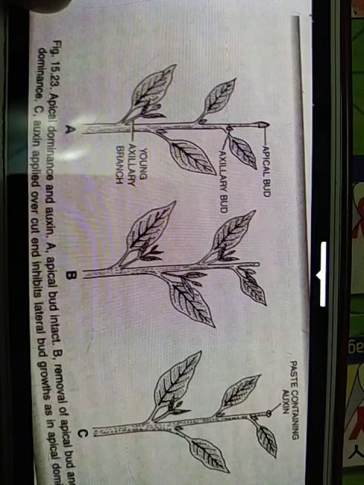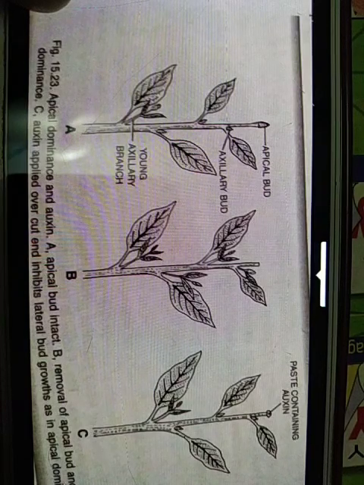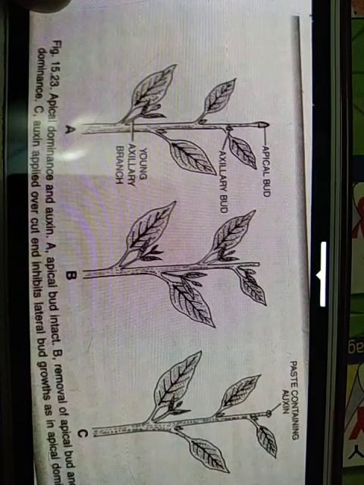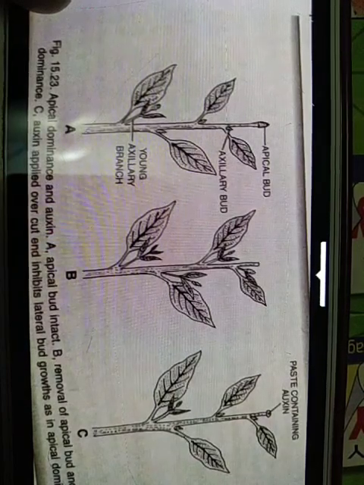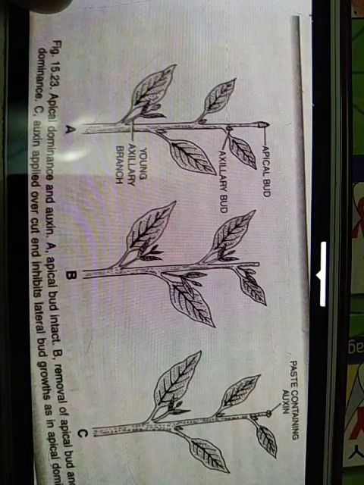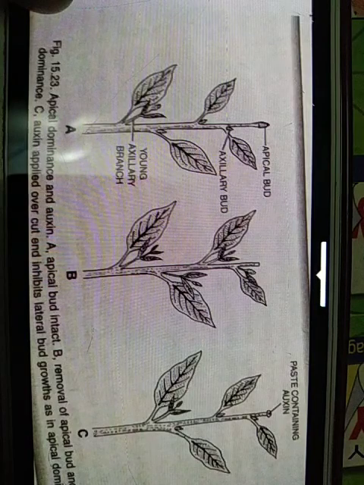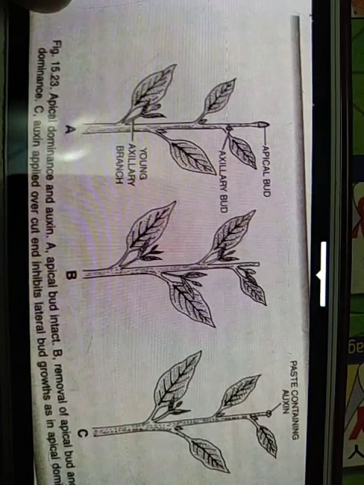Okay, then next is flowering. Naphthalene acetic acid and 2,4-D are often employed for inducing flowering in lychee and pineapple. That means auxin can also induce flowering. Storage. Methyl ester of naphthalene acetic acid prevents the sprouting of potato tubers kept in storage.